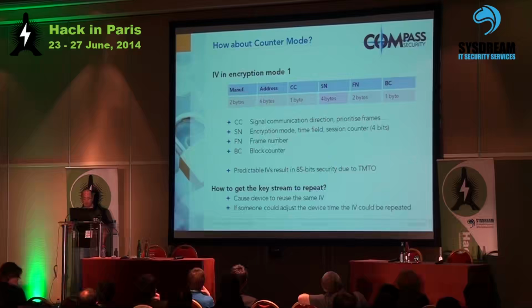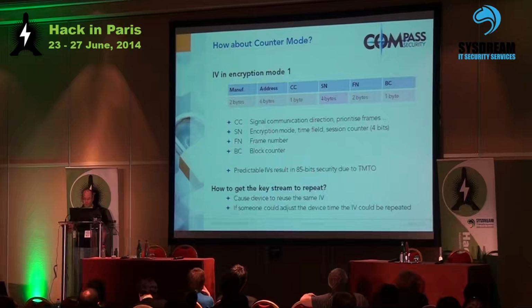And if we want to get the time to repeat in the meter, we must somehow figure out whether we could adjust the time of the meter. And for that purpose, I was digging into the special protocols. So there are special protocols for alarms, errors, application resets, and there are clock updates.